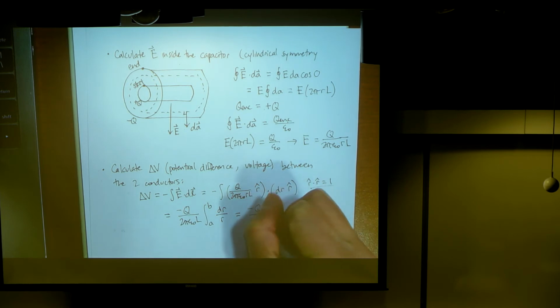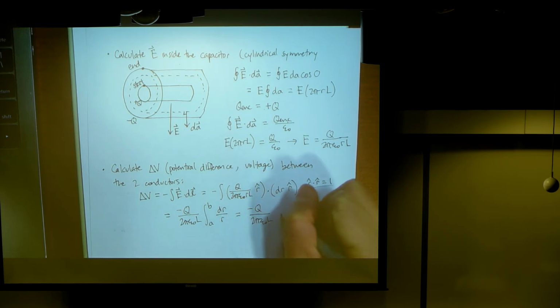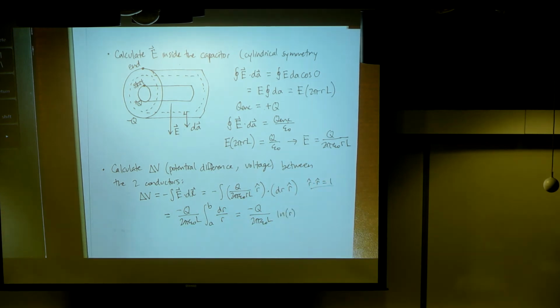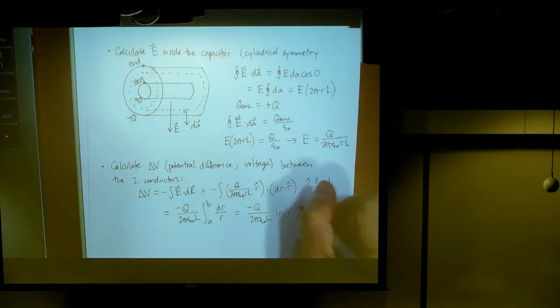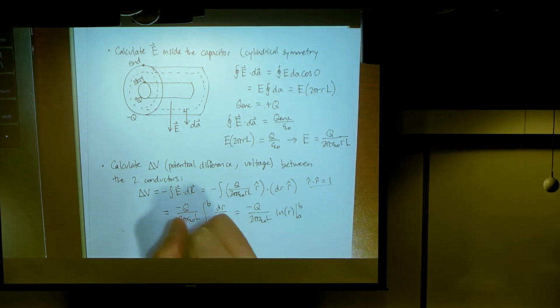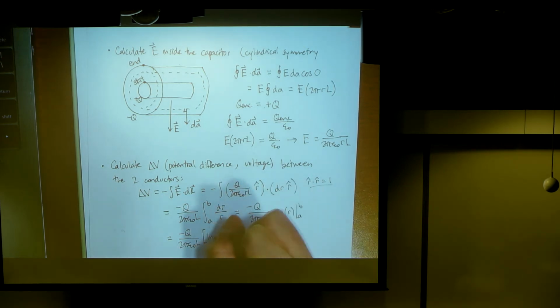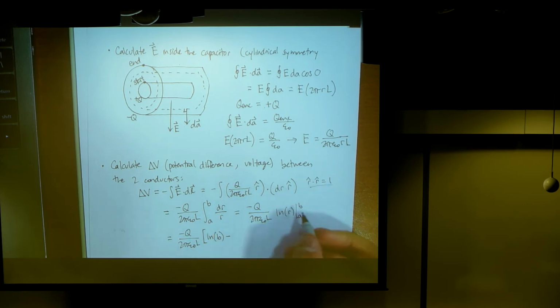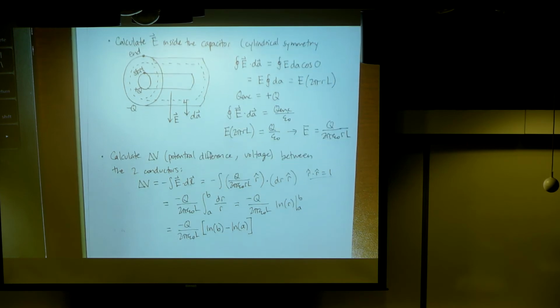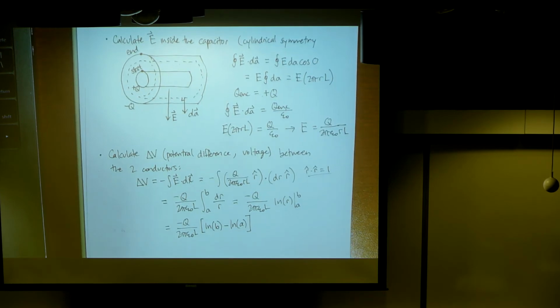So this is minus Q over 2 pi epsilon naught L, and then we get the natural log R as a result of this integral. And we take that from A to B. So here I have minus Q over 2 pi epsilon naught L. When I plug in my top limit, I get natural log B. When I plug in my bottom limit, I just get natural log A. And I subtract the 2 as usual, right?